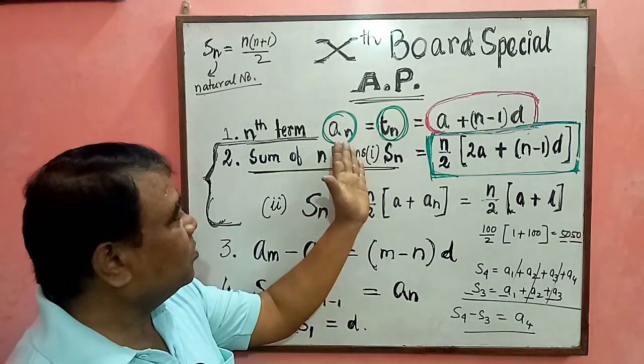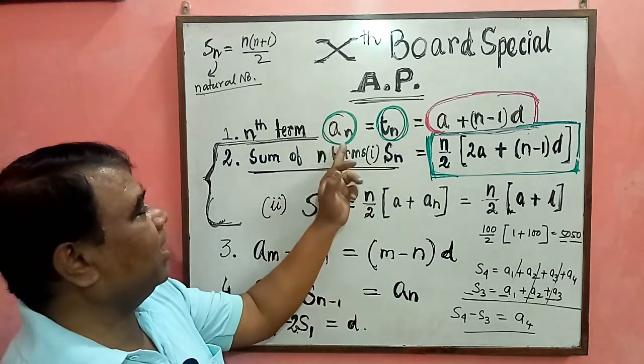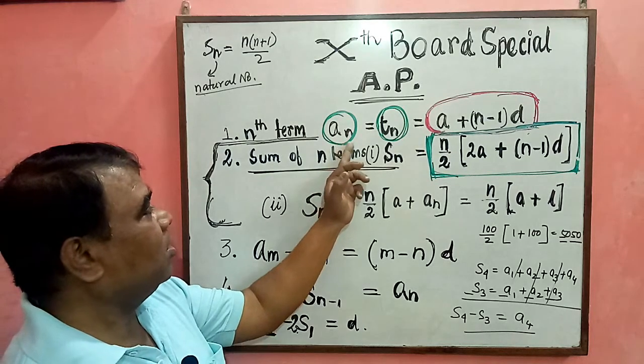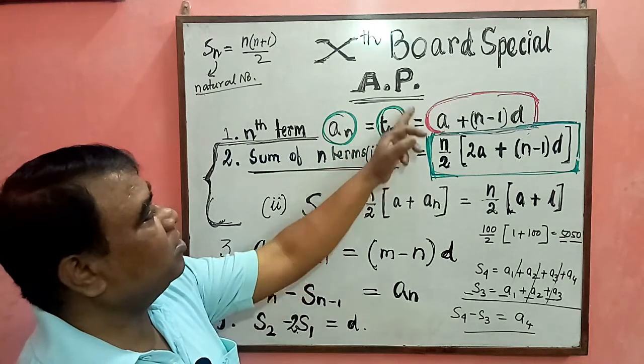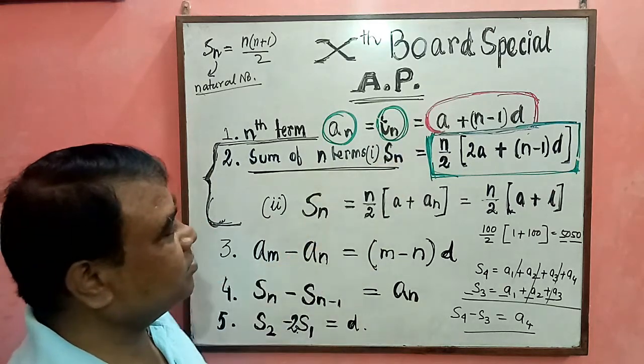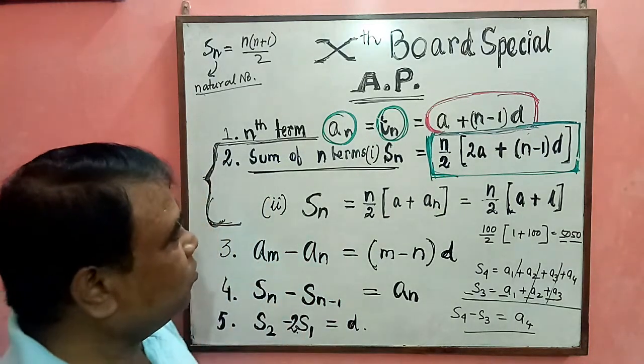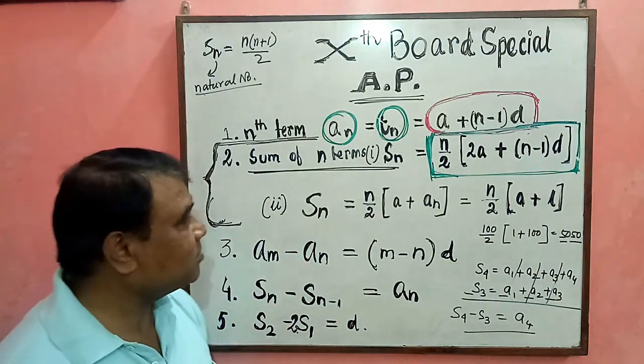Nth term, symbolically we represent nth term as a suffix n or tn, term number n. Then it is a plus n minus 1 into d, that I told you in my last class.